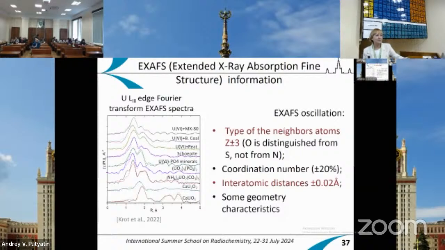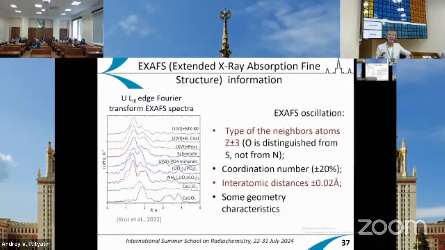So we can see the type of the neighbor atoms. It is not just like an EDX spectrum, where you can see just the name of the neighbor atom, but you have some information, plus or minus 3, so you can distinguish oxygen from sulfur, but not from nitrogen.